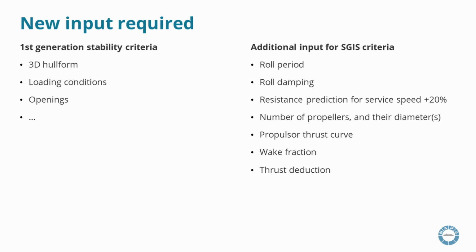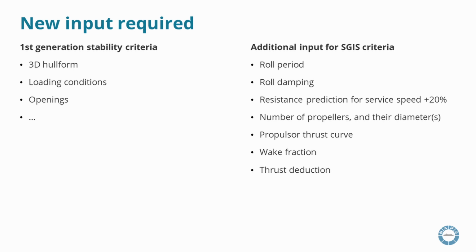With the new second generation intact stability criteria calculations, some additional input is also required. For the first generation intact stability criteria, you typically need a 3D hull form, loading conditions, openings, and so on. While the second generation intact stability criteria consider dynamic behavior and waves, we also, for example, need the roll period, roll damping, a resistance prediction reaching over the service speed, number of propulsors and their diameters, the thrust curves for the propulsors, wake fraction and thrust deduction factors.